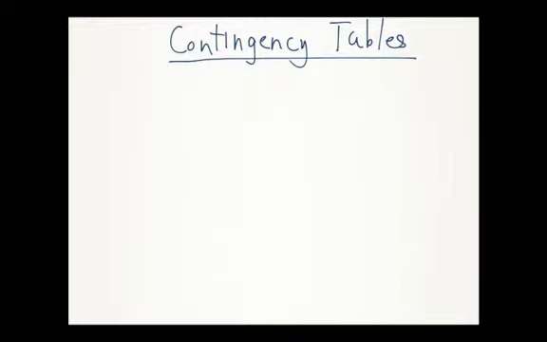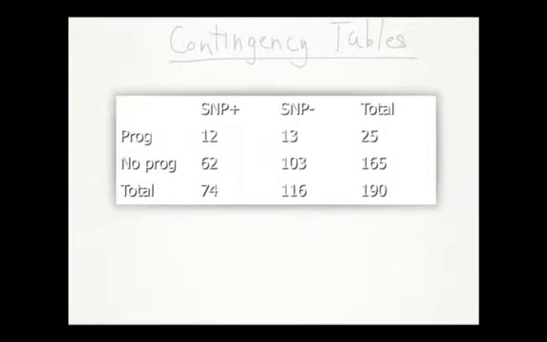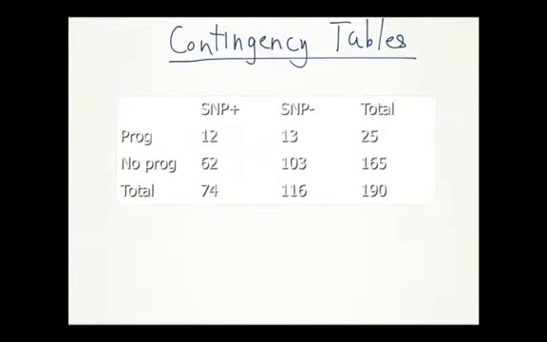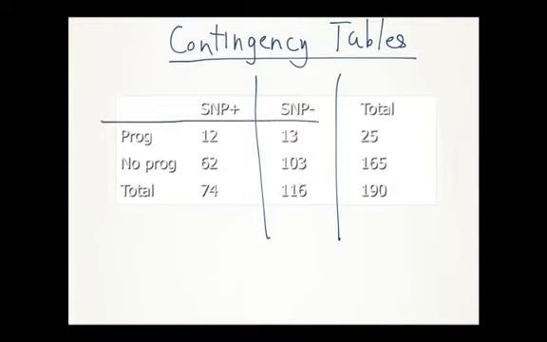Okay, so we can look at that same data, but in a different fashion, in the form of a contingency table. That looks like this table that I just put up here. We have the same exact data we had before, but now we're thinking about it in a slightly different way.